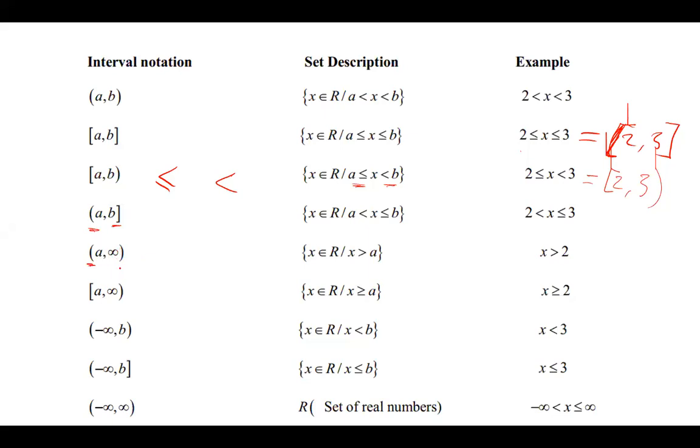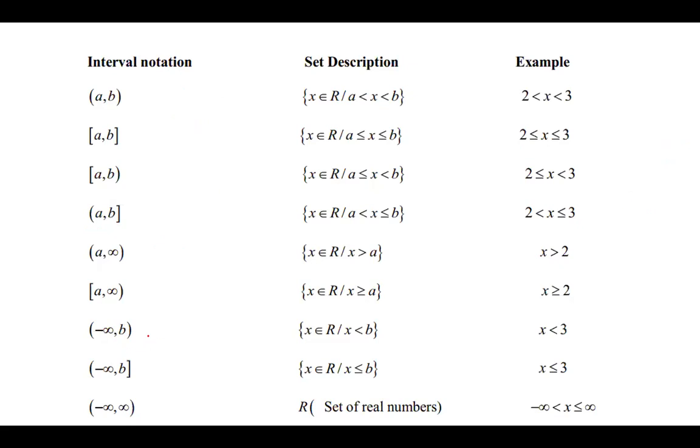On either positive or negative infinity, the bracket that is always used is open. You will never find an interval which has a closed bracket on the infinite symbol. It does not exist. So on an infinite symbol, you always put an open bracket, whether it's negative or positive infinity.